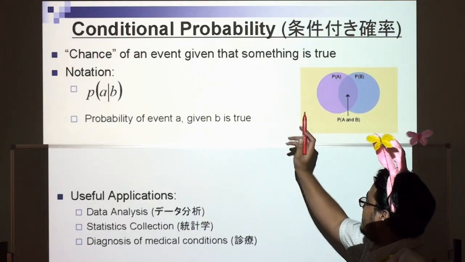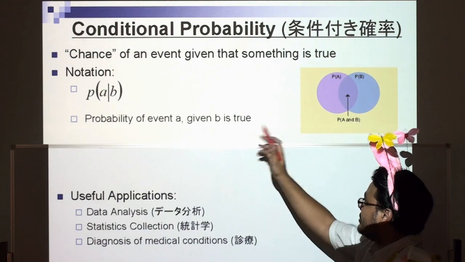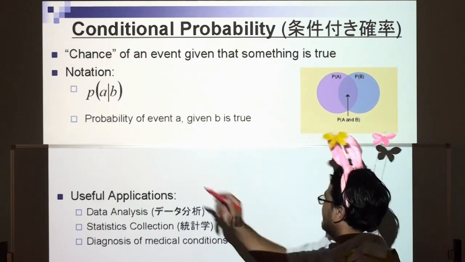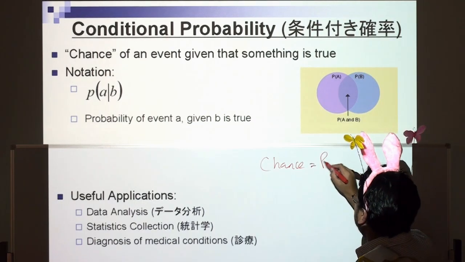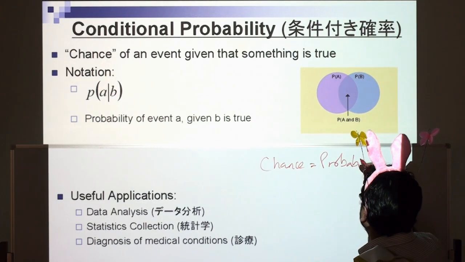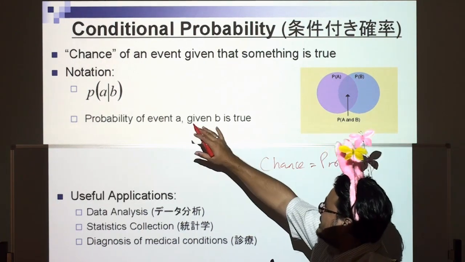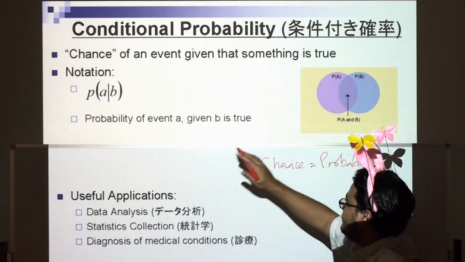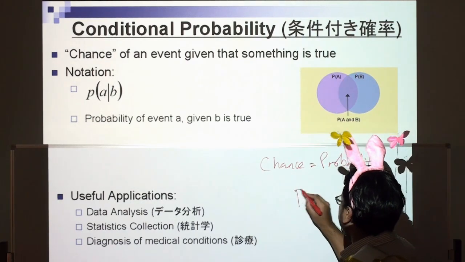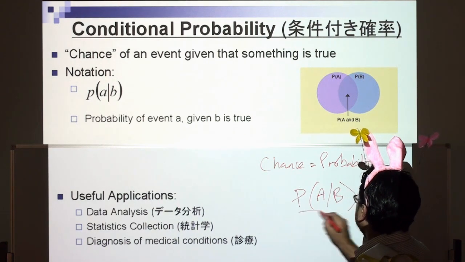Okay, our first topic, conditional probability. Conditional probability is a chance or the probability, okay? Just for your information, when we say chance, it's the same as saying probability. So the chance or probability of an event given that something is true. Now here's a very important notation, P(A|B).